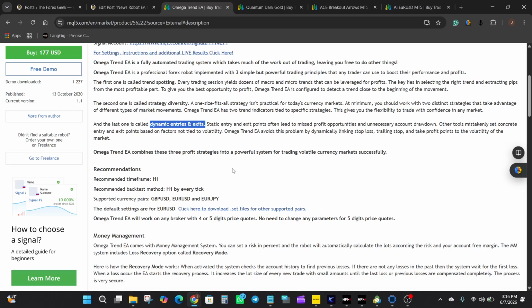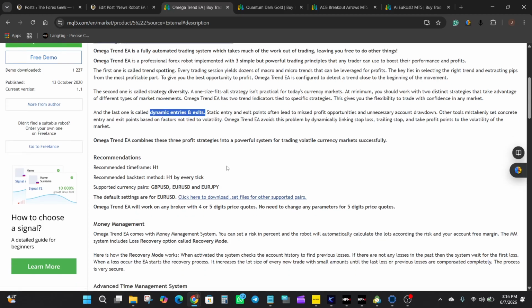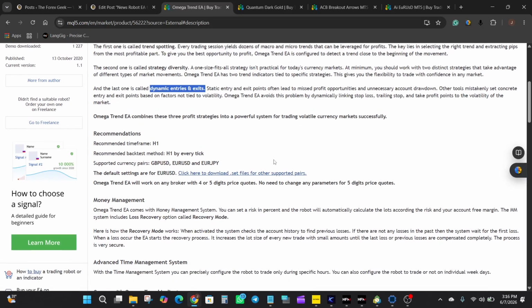Instead of using fixed stop loss and take profit distances, the EA links trade management levels to market volatility. So according to the developer, this includes dynamically managing stop loss, trailing stop, and take profit levels based on changing market conditions.